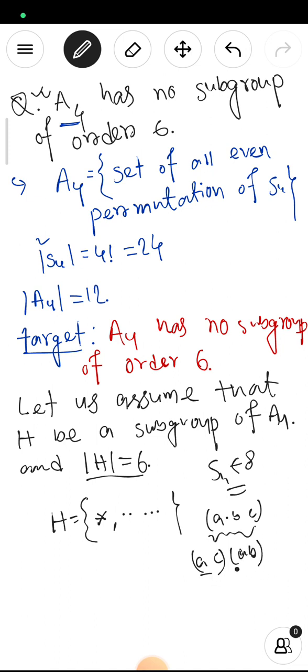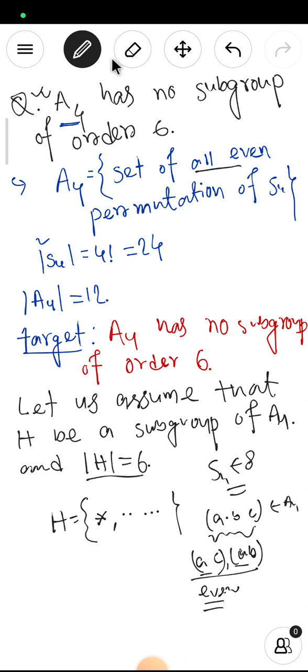This is a transposition, this is a transposition, and the number of transpositions is 2. So this is an even permutation. Since this is an even permutation, this cycle obviously belongs to A4, because A4 is the set of all even permutations of S4.